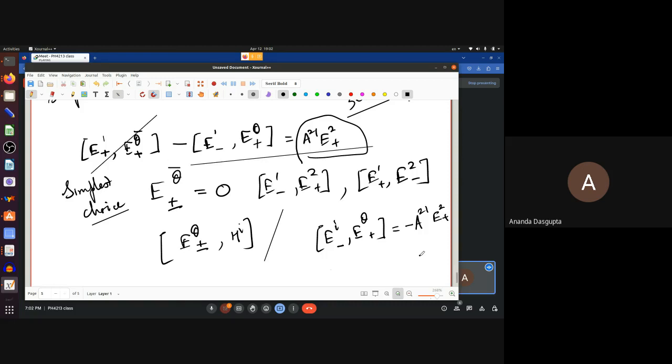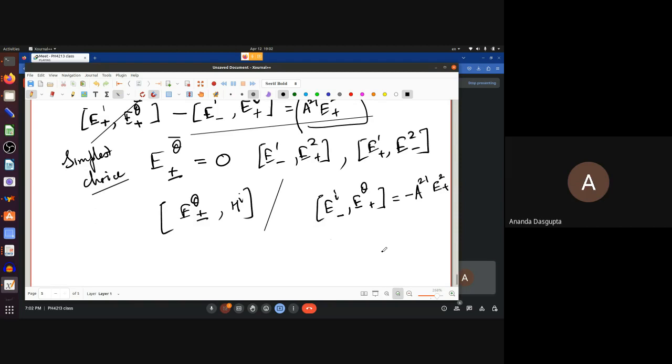This result has to follow, right? Clear? And similarly, you will find that E_I plus with E theta minus will also turn out to be something you can easily figure out. Again, not a new generator, thankfully.